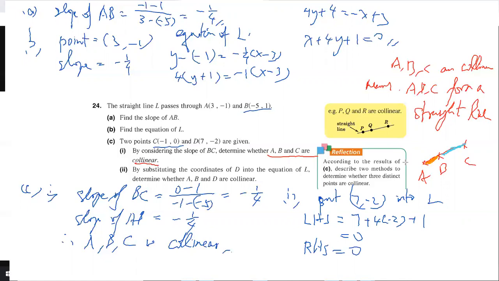So left hand side is equal to right hand side, which means that this point is satisfying that equation. Therefore, D lies on L. And therefore, A, B, D are collinear. So that is the answer. Is it okay?